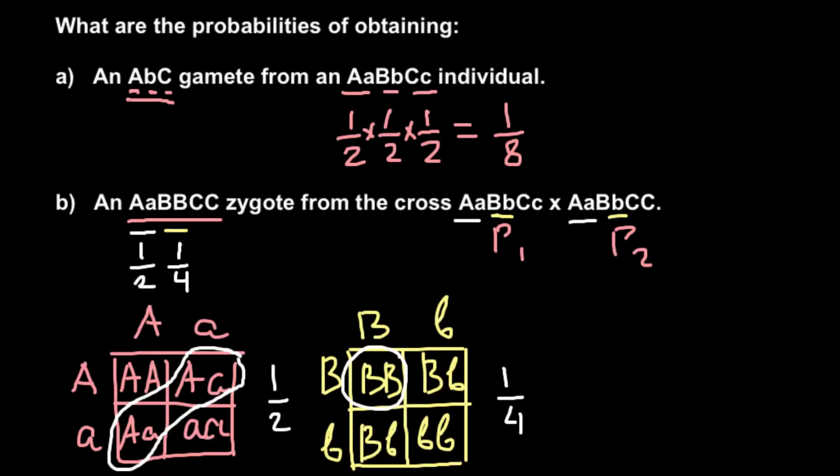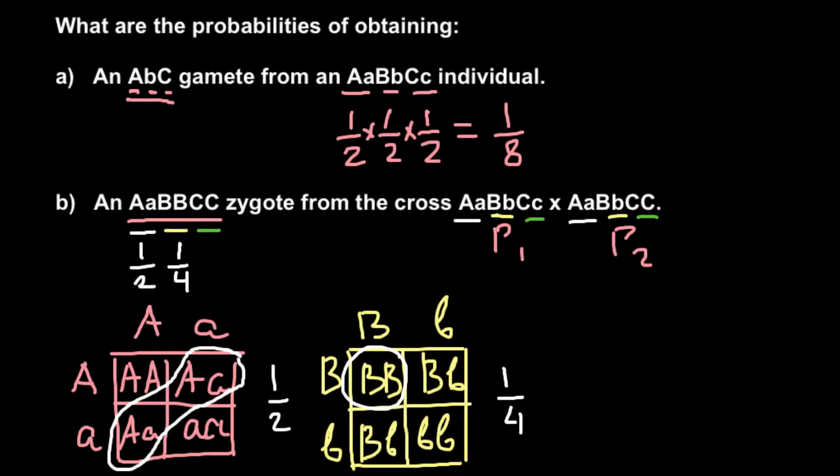And now the last gene C, we have parent 1 heterozygous for this gene and parent 2 homozygous dominant.